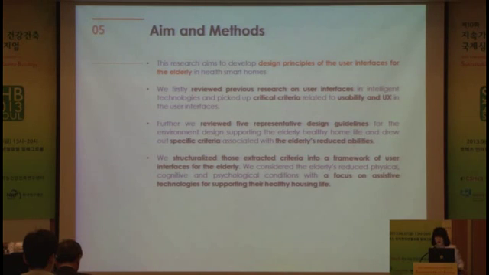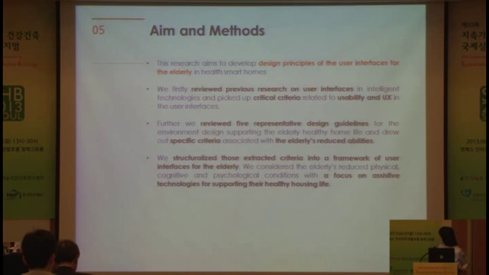The aim of our research is to develop design principles of the user interface for the elderly in health smart homes. For this aim, we first review previous research on user interface and pick up the critical criteria, especially related to usability and UX in the user interface.